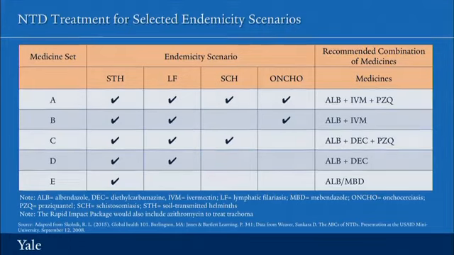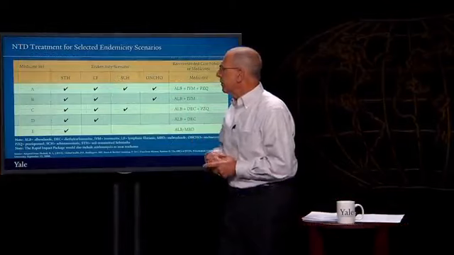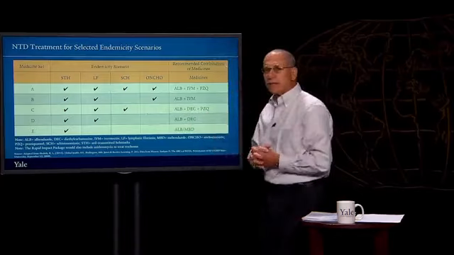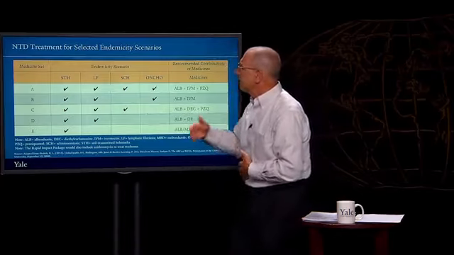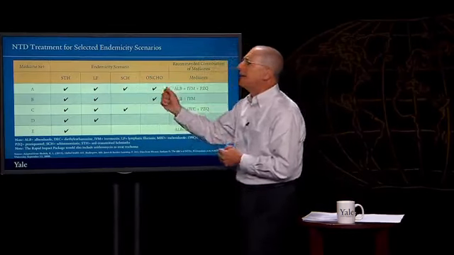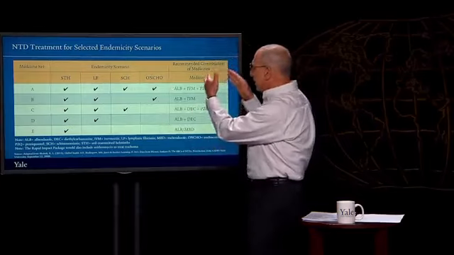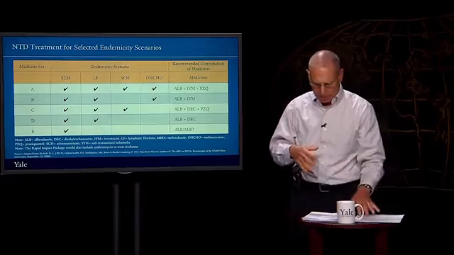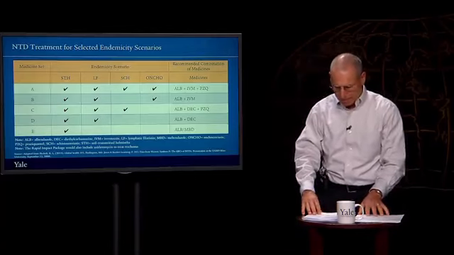If, for example, this is a district that has soil-transmitted helminths, lymphatic filariasis, and schistosomiasis, the appropriate drugs for that would be given. And if, unfortunately, it were a district that had soil-transmitted helminths, lymphatic filariasis, schistosomiasis, and onchocerciasis, then another package of drugs would be provided to the people in those communities.